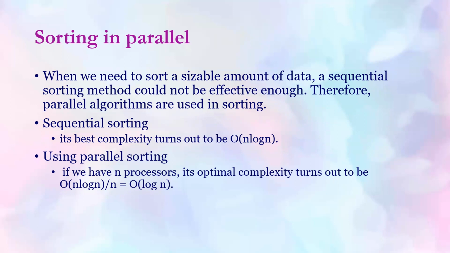The time complexity of sequential sorting is of the order of n log n, whereas if you implement the same algorithm in a parallel environment, we have only order of log n, because order of n log n is for one processor and you divide it by n. So we can obviously see that the time required to compute complex sorting in a parallel environment is much more efficient than doing it in a serial way.